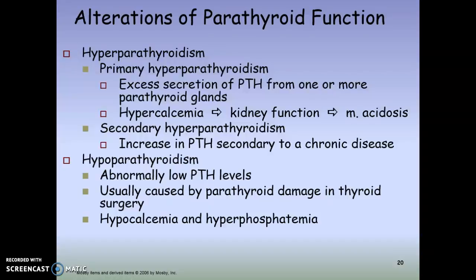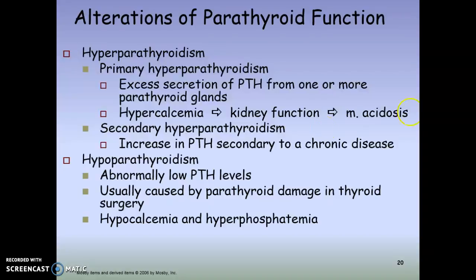Then there is secondary hyperparathyroidism. Secondary hyperparathyroidism may be or is often due to low calcium levels. All right, with low calcium levels, this could be due to kidney disease, and if the body doesn't have proper calcium levels, that is naturally going to stimulate the parathyroid glands to secrete more PTH.